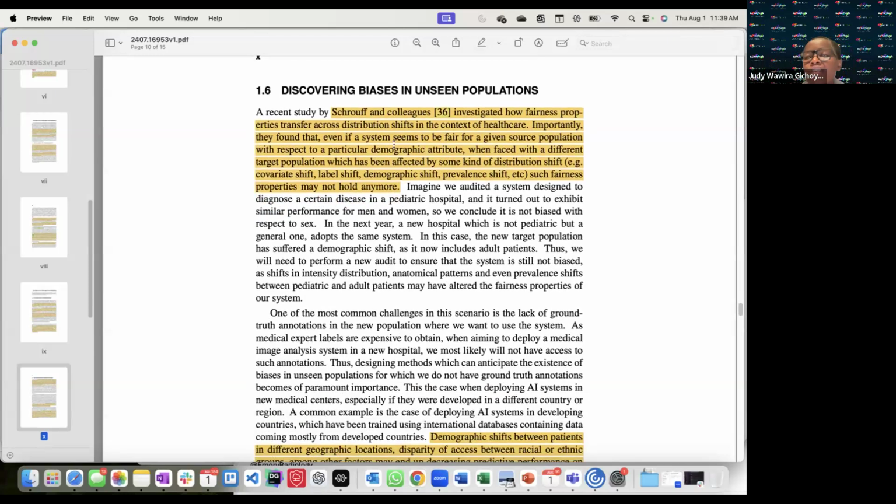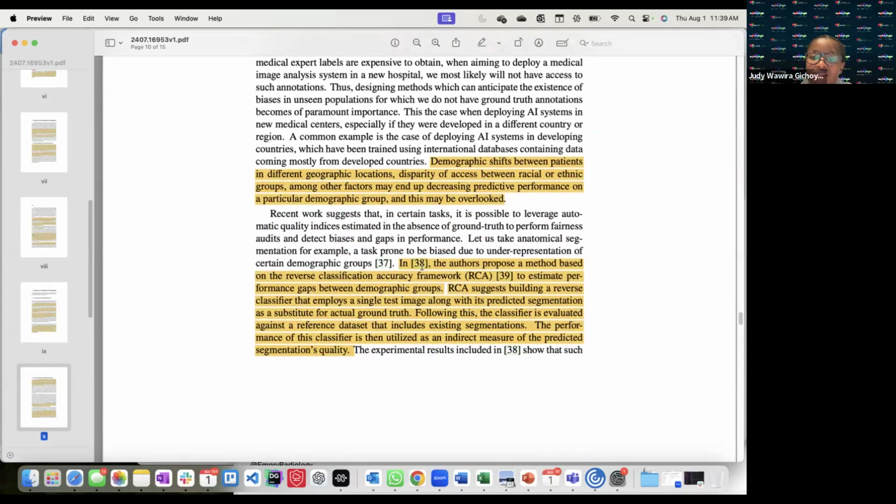This is a big issue, especially as we move to centers of excellence that want to credential models that are fair and give you a certificate, because it's very difficult to do. Just because I make the model fair at MRE, if I bring it to you, it doesn't mean that fairness is going to be guaranteed.